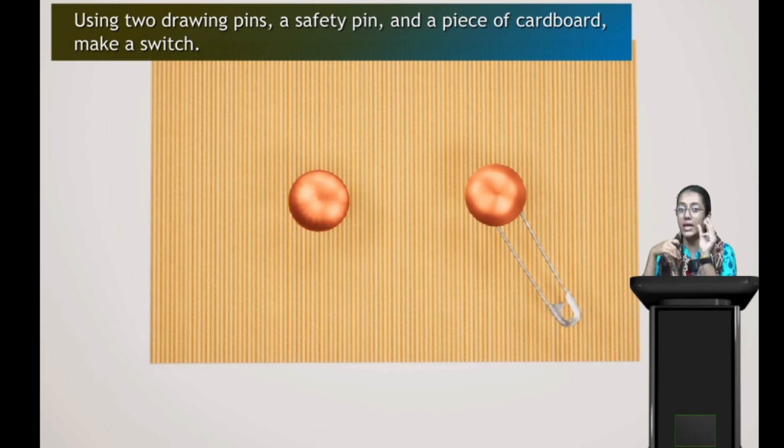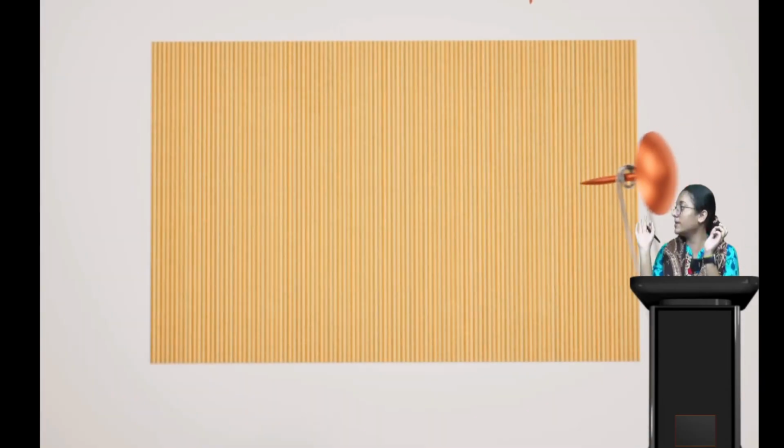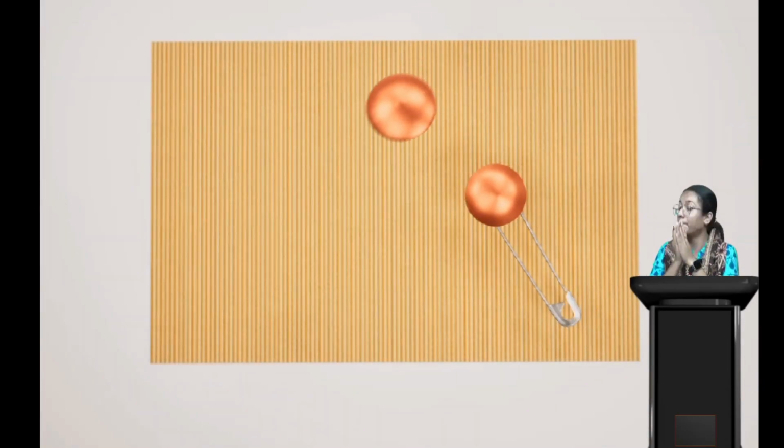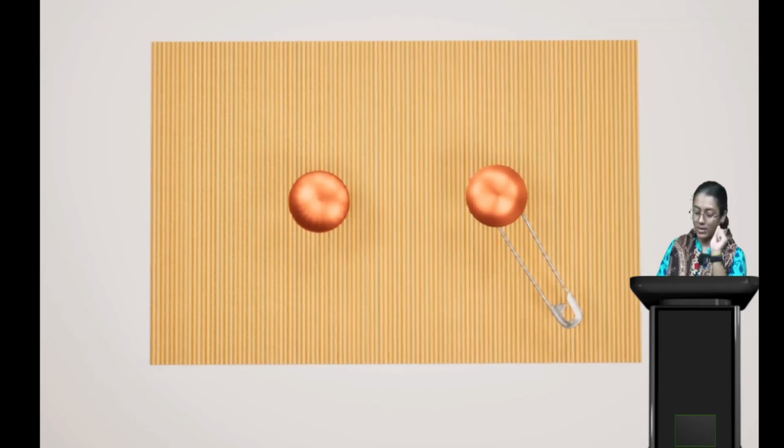Take one cardboard, take one drawing pin and insert the safety pin into the drawing pin and insert it into the cardboard, and take another drawing pin and, a little bit distant from the first drawing pin, we also insert that into the cardboard like this. Okay, so by this we can prepare a switch.